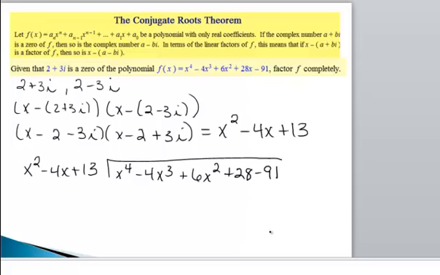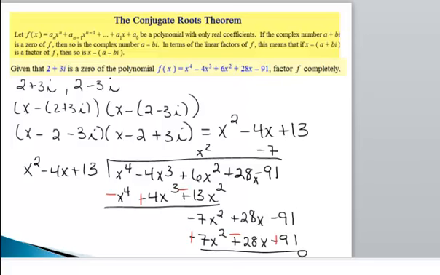And your remainder must be 0 for this to be a factor. So go ahead and do this division and see if you get what I get. So you might want to pause this for a second. Once you do this long division, you end up with x squared minus 7 as one of your factors.